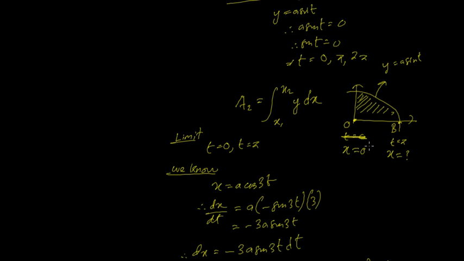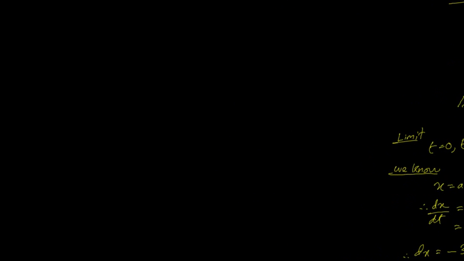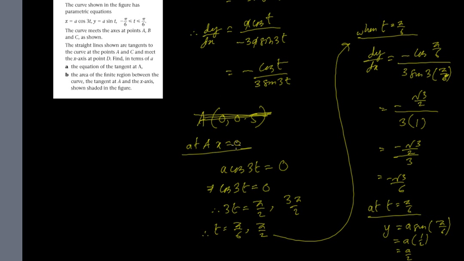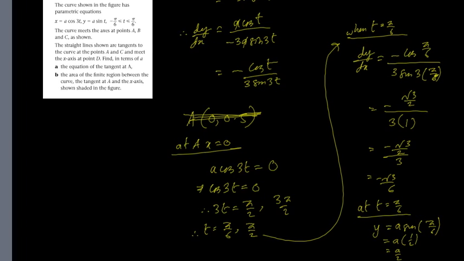If we review what we did before, we already know when x equals 0, t equals pi by 6. I didn't notice this because the board was in the way. So when x equals 0, one of the limits was x equals 0. Since we have already found this, we have to plug this in first.